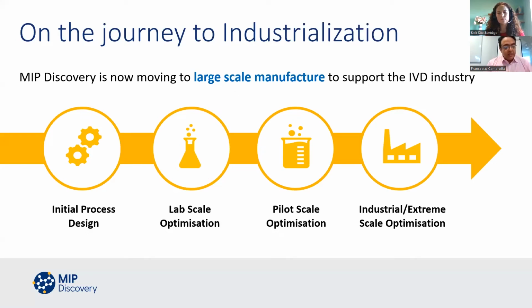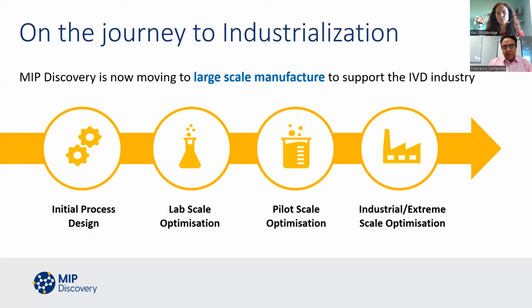I will be presenting the next part of this webinar, which has to do with the stepwise journey to industrialization. This is really important for us because with an amazing technology we have, this is an absolute must to support the entire IVD industry.